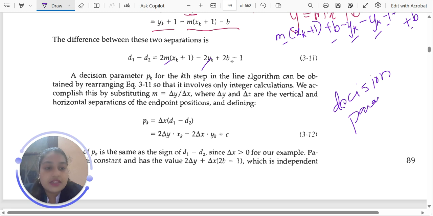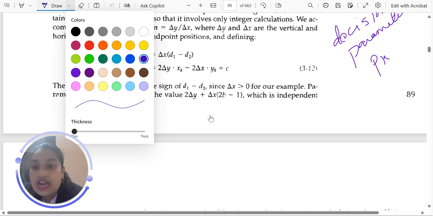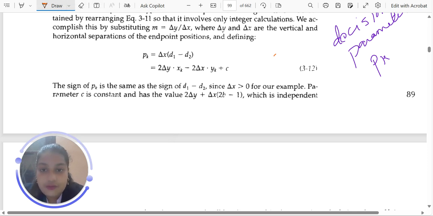Decision parameter pk. This is important. Now we accomplish this by substituting m is equal to delta y by delta x. Remember the formula delta y by delta x? We get it using that formula, where delta y and delta x are the vertical and horizontal separations of the endpoint positions.